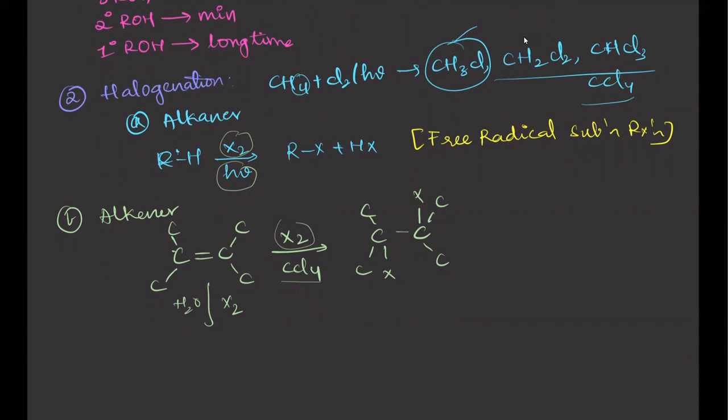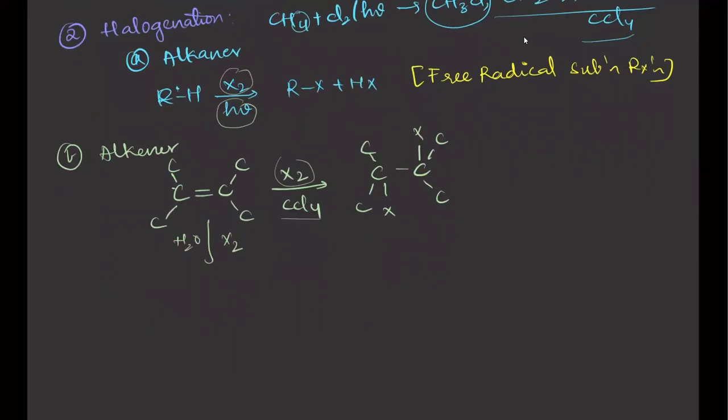The plane of the halogens is going to be different. In the next one, in presence of H2O, we are going to write C, C, and the same reaction by breaking the double bond. One carbon is going to be attached with X and another is going to be attached with OH. This is the difference between H2O and the CCl4 medium.